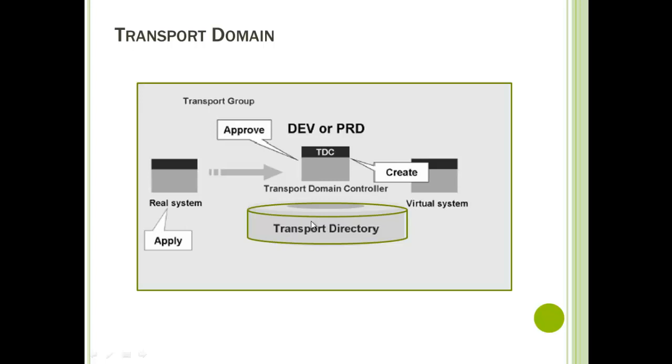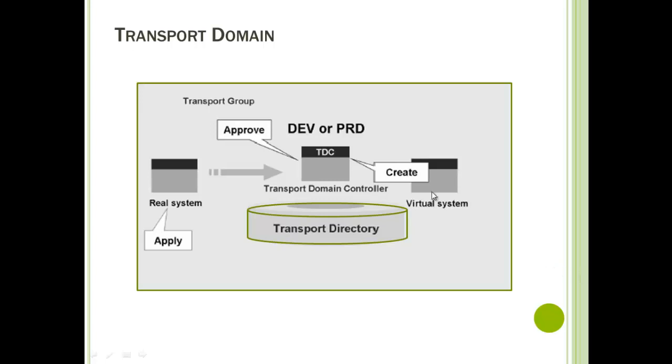Otherwise, there will be a lot of inconsistency in the objects in the different support pack levels as well as different releases. You will not be able to do this, and you will not be able to keep this in the same domain or the same route. So we need to make sure all systems which you are including in your landscape for a specific transport route are at the same support pack level and the same release.